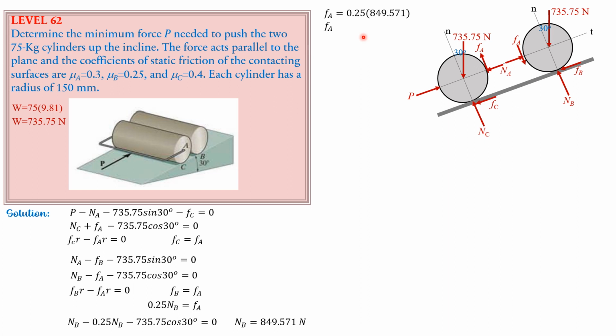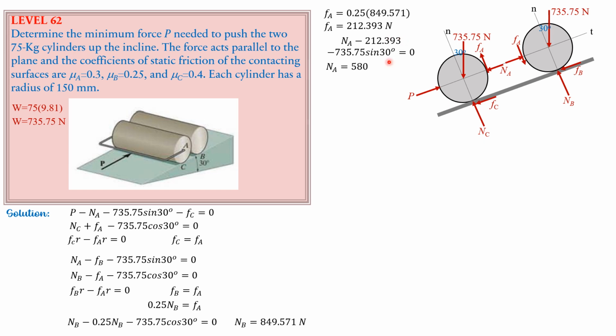So FA is equal to 212.393 newtons. Then let's solve for NA so that we can compute FA max into this equation here, because FA equals FB. So NA minus FB, which is equal to FA, 212.393 minus 735.75 sine 30 equals 0.